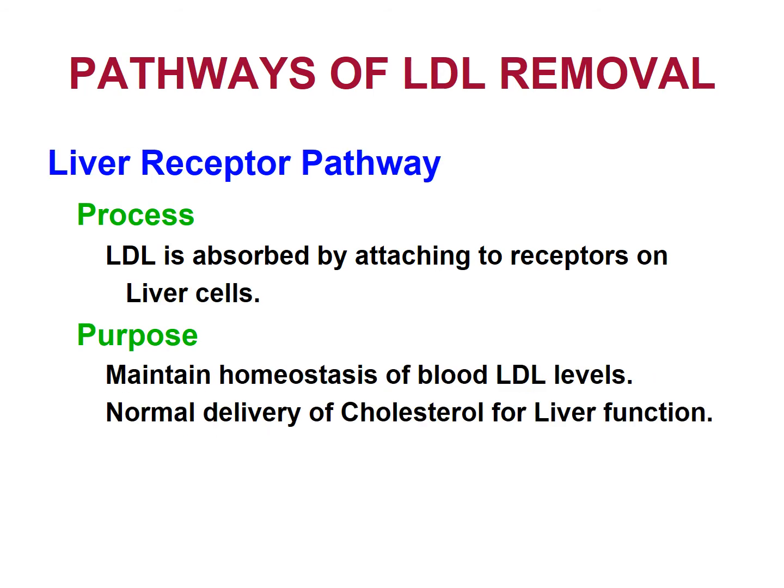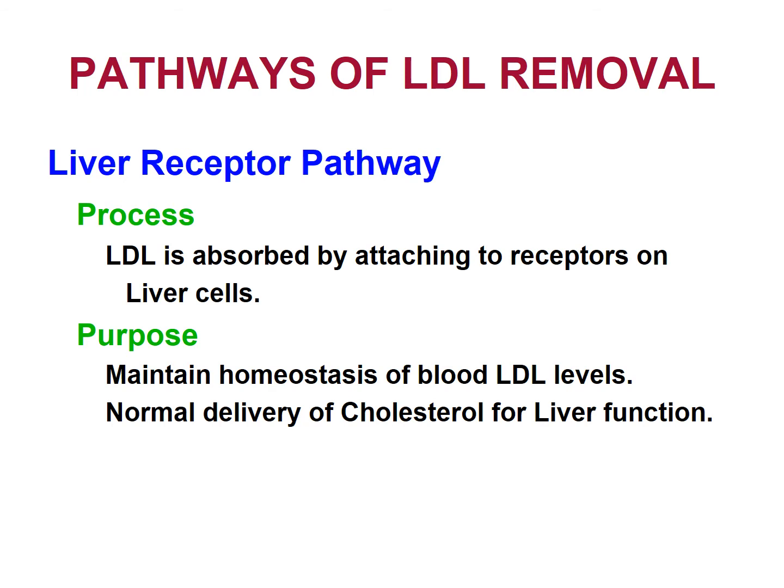The liver receptor pathway is the pathway by which the liver is going to monitor the homeostasis of the LDLs in the blood. If the levels are too high, then it is going to add receptors. If you remember from the diabetes session, we said that the cells can add or delete proteins as needed.